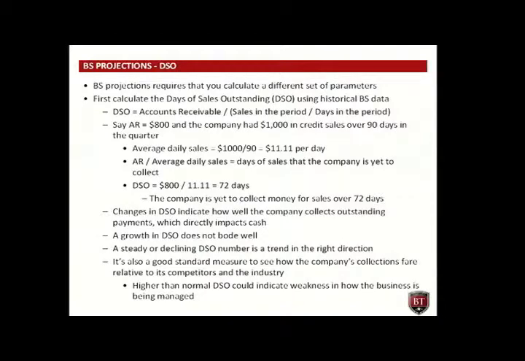The other good thing about a DSO is that you can compare your company's DSO with perhaps your competition's DSO. And if your DSO is higher than the competition, then they likely have a leg up, or they are running their business more efficiently than you are.